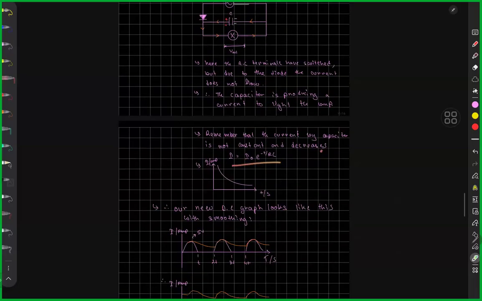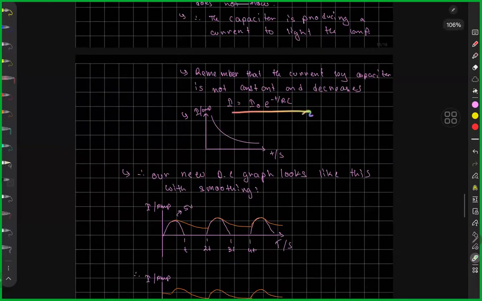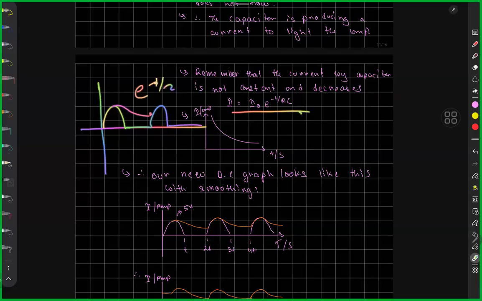So this is what I was saying, that discharge that I just drew for you guys. It's a bit of a wave. And what kind of wave is this? E to the power... Do you guys remember this? This is the time constant formula.